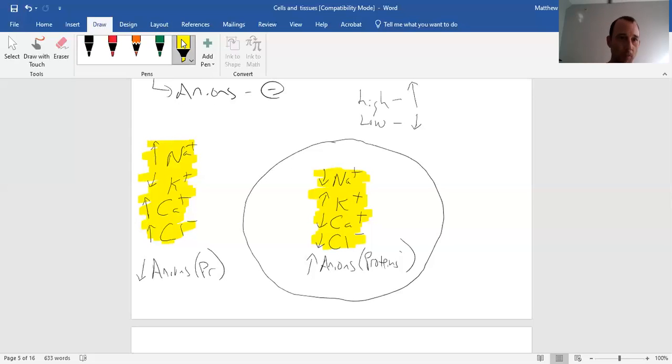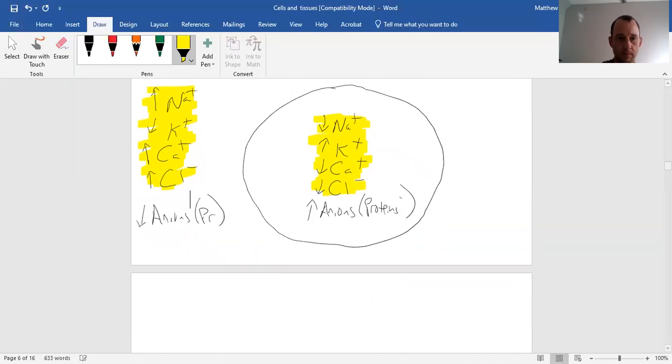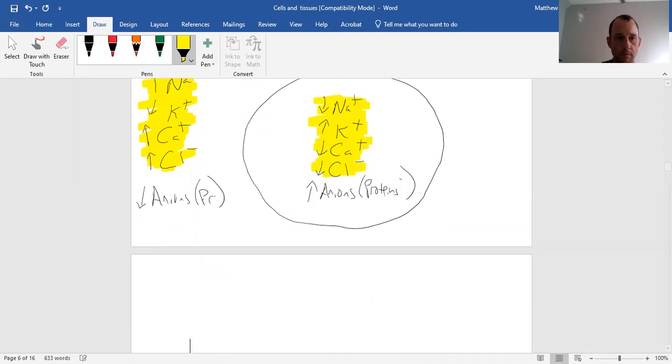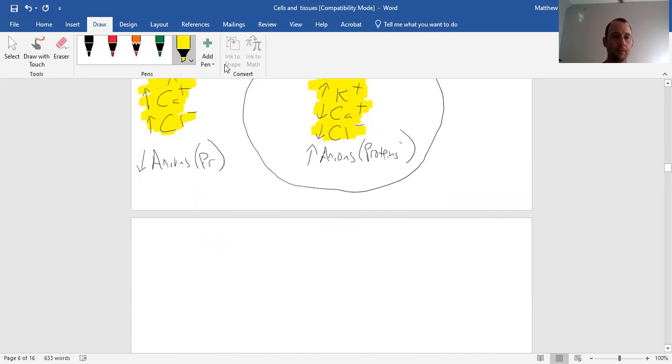All right, so I'm going to try to create two lines here to try to explain what I mean. Okay, let me go down a little bit. There are two types of transport processes that Visible Body talked about.